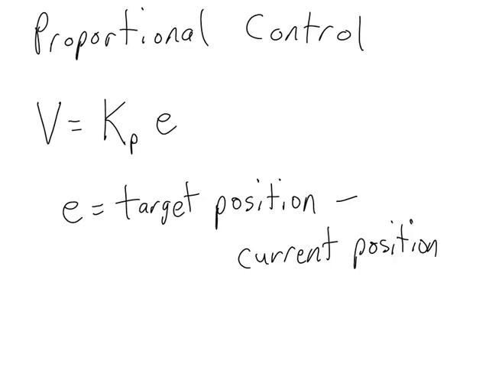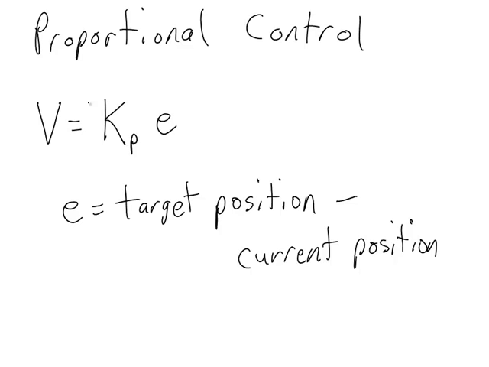When we use proportional control, we have to set the value of this Kp constant. We can figure out a good value to use for Kp by testing the system and looking at the motor response curve for different values of Kp.